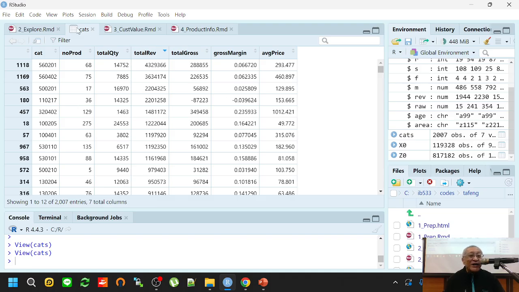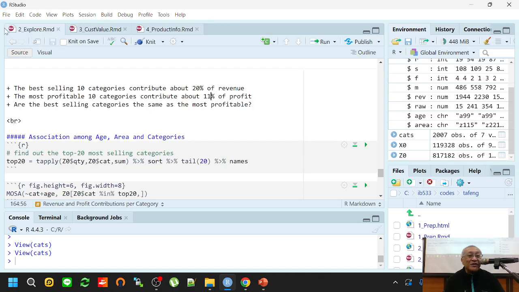Okay, so this is notebook 2. Any question at this point of time? As I told you, this exploration is like throwing the net into unknown water and trying to catch something.